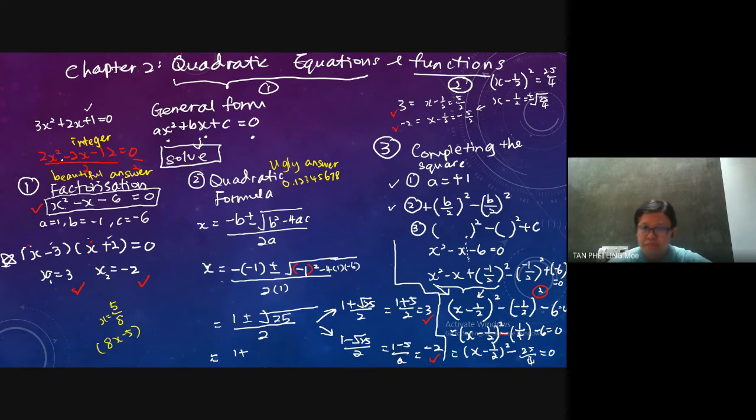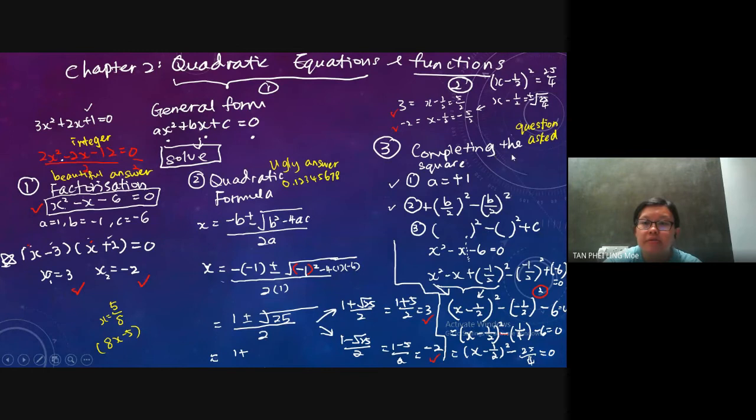And then the third, when do you use completing the square? When the question asks. We don't usually use completing the square until the question says to use the completing the square method.